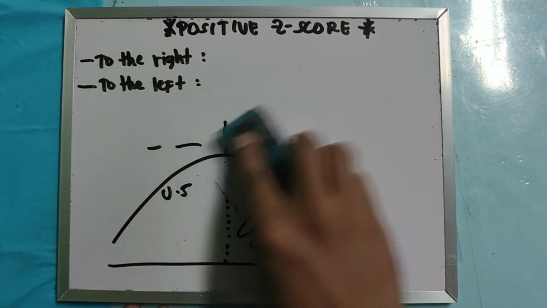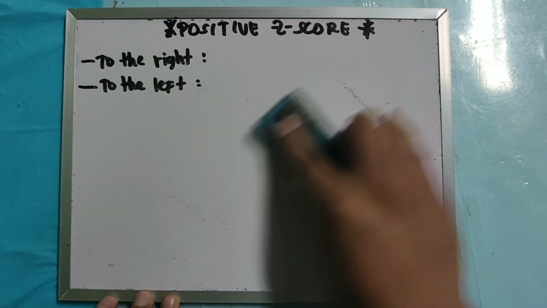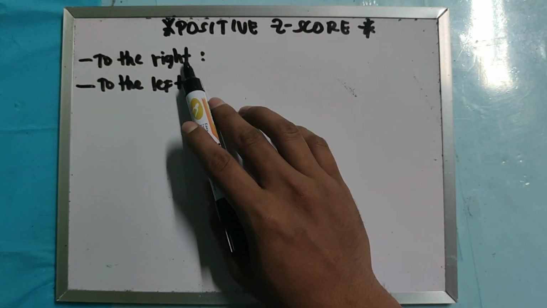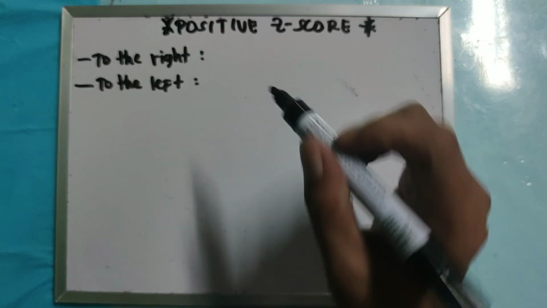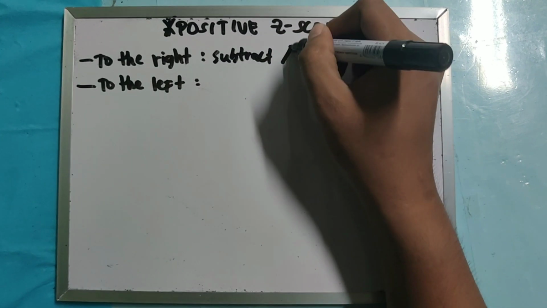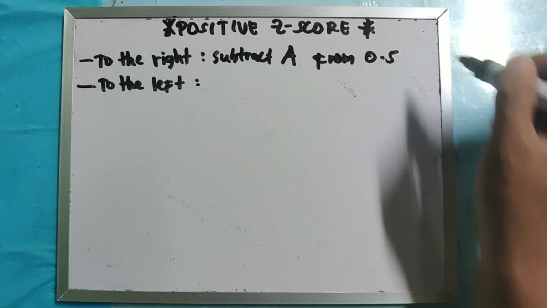Okay? So now, let's now use the rule. So we have here the rule. If the required area is to the right of a positive z-score, we are going to subtract the area from 0.5.